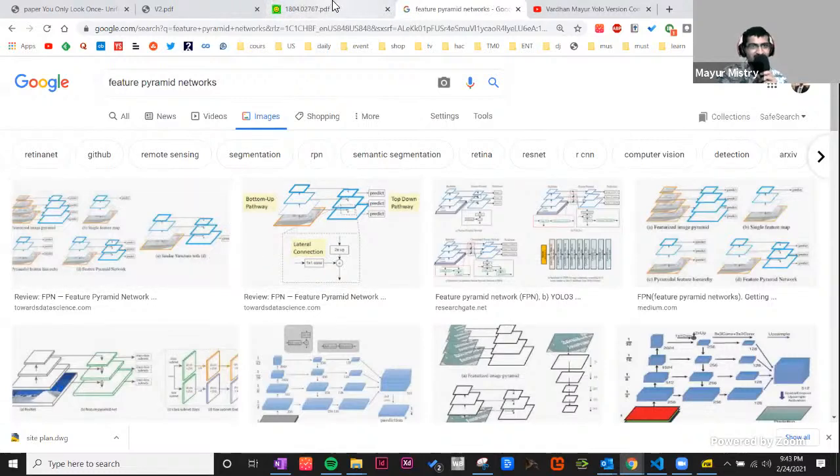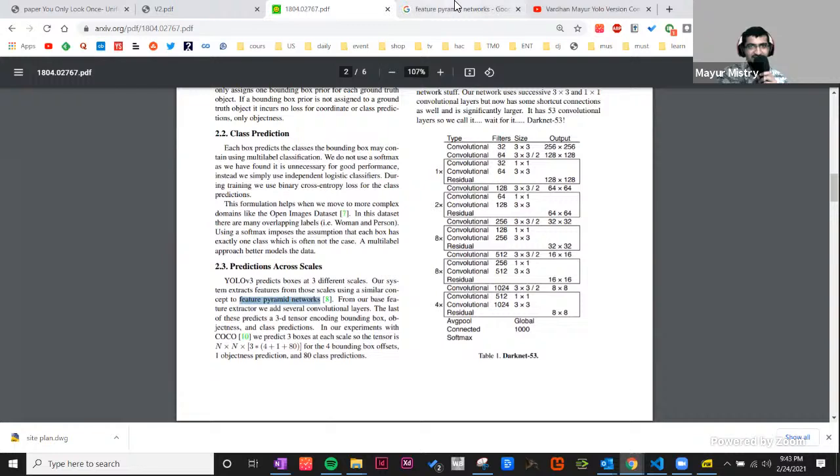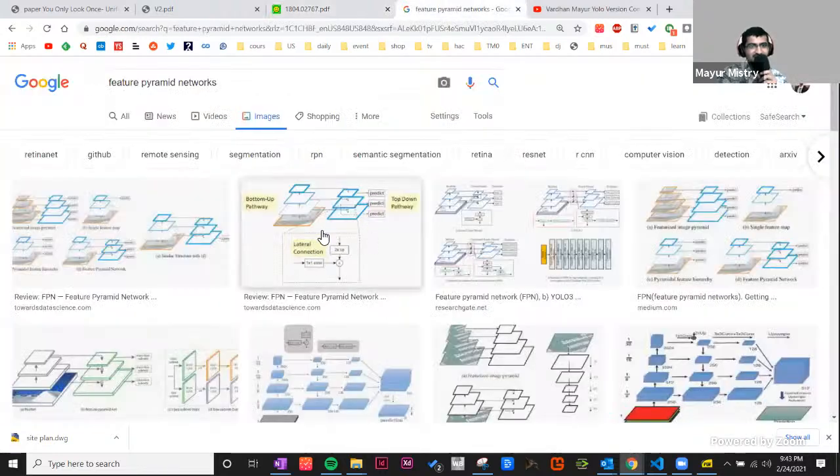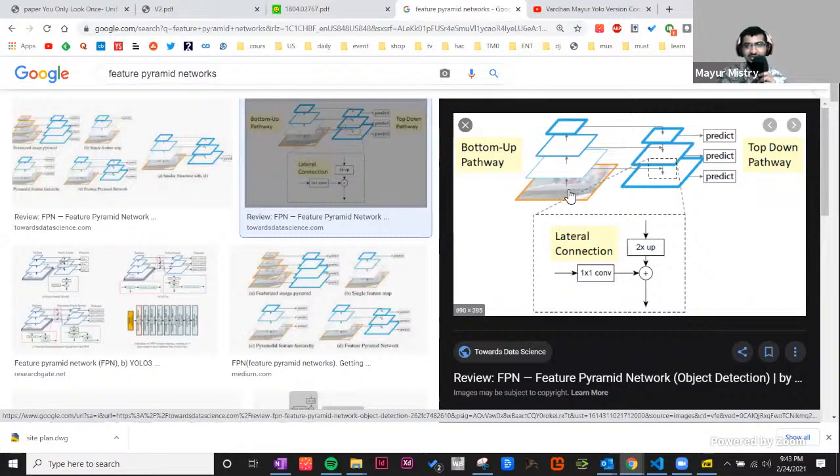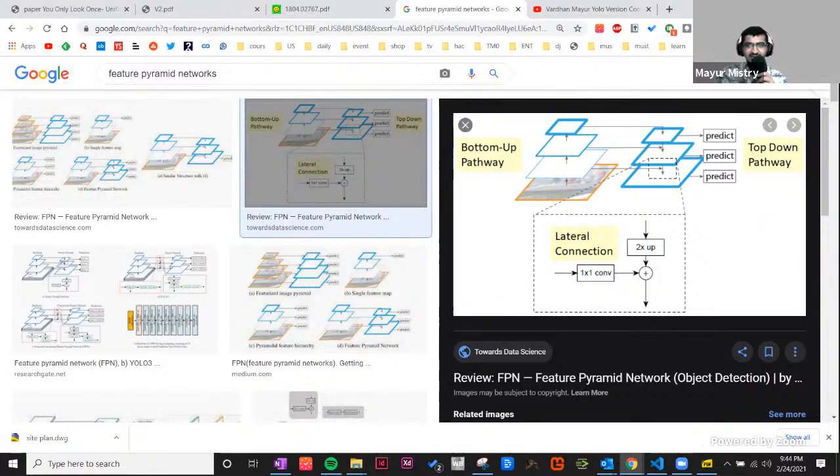I saw they're mentioning feature pyramid network because I was imagining similarly, in your convolutional network when you have an image from 448 to smaller resolution, they extract features at these intermediate layers, and they take from all these three layers and do prediction at the end. So it's like feature extraction at different resolutions of images.